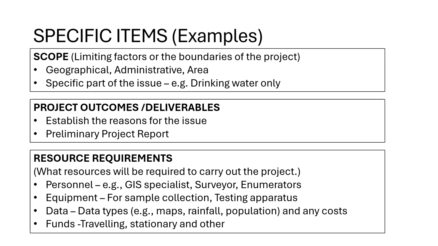For example, personnel. What kind of people do you need? Do you need a GIS specialist? Do you need a surveyor? Do you need enumerators? Enumerators means if you are going to conduct household surveys, house to house, then you need people to go from house to house and collect data. Those people are called enumerators. Even you all can act as enumerators.